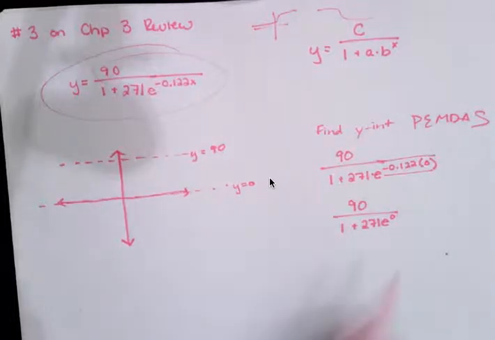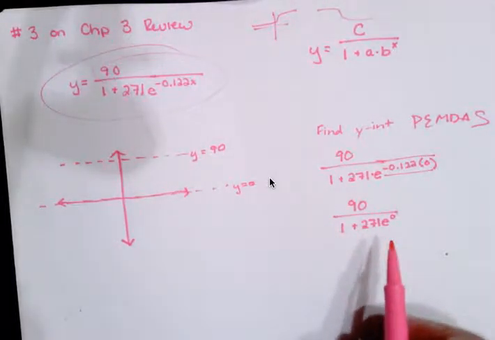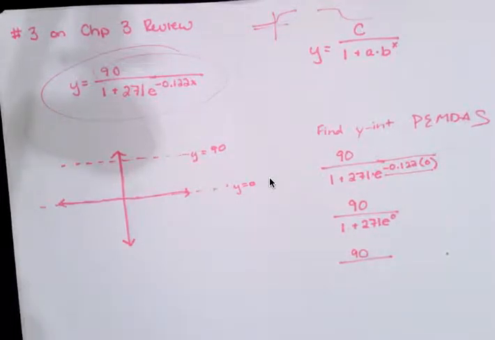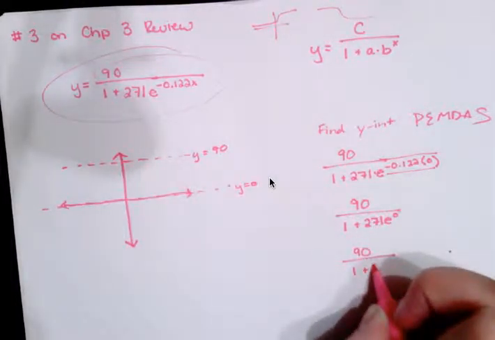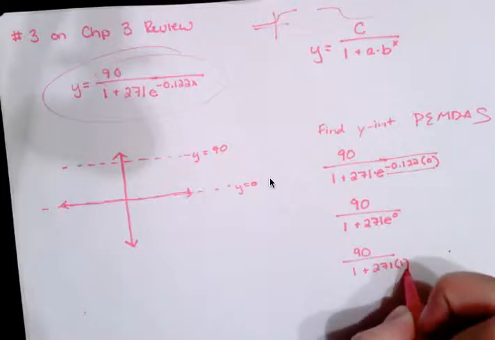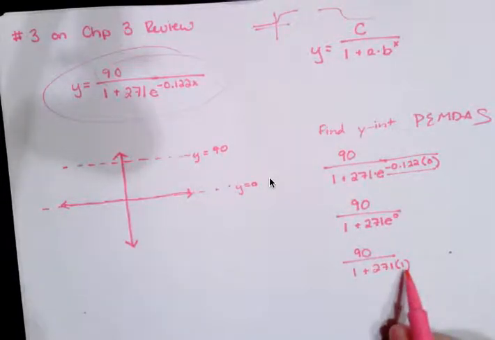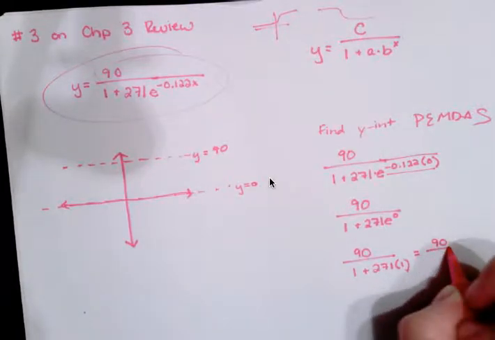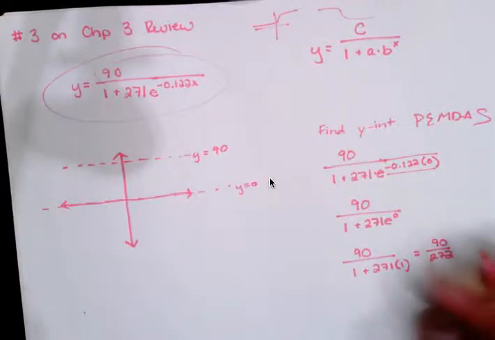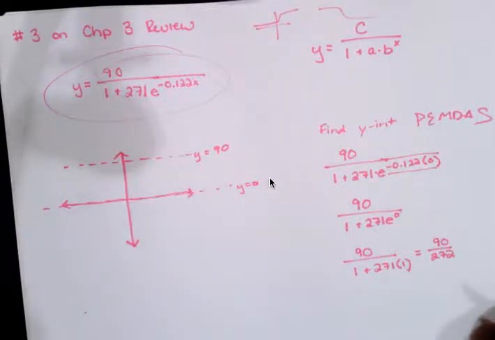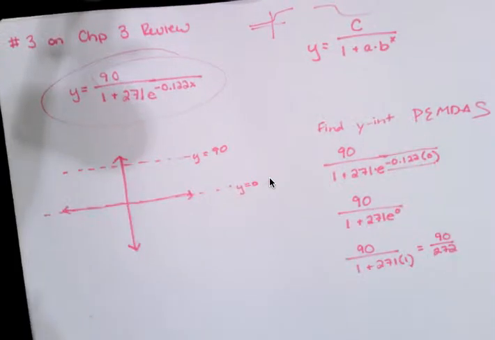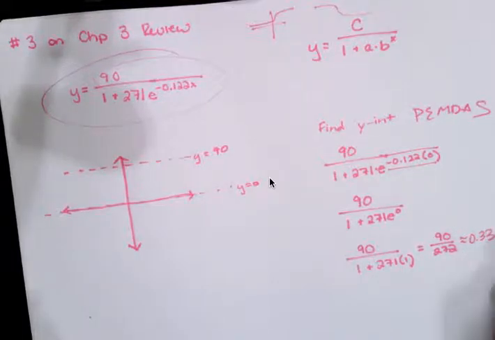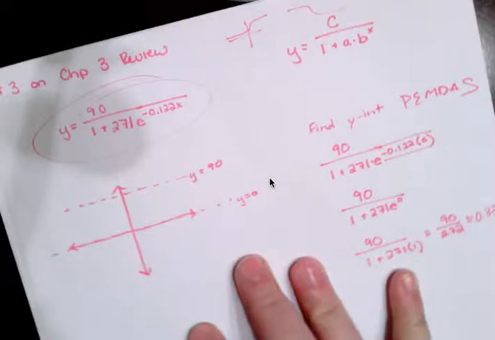Anything to the 0 is 1, so I get 90 divided by 1 plus 271 times 1. Well, 271 times 1 is 271, plus 1 is 272. So I get 90 divided by 272, which is kind of a nasty fraction. You could simplify it, or if you type this into your calculator, it's about 0.33. So my y-intercept is about that.